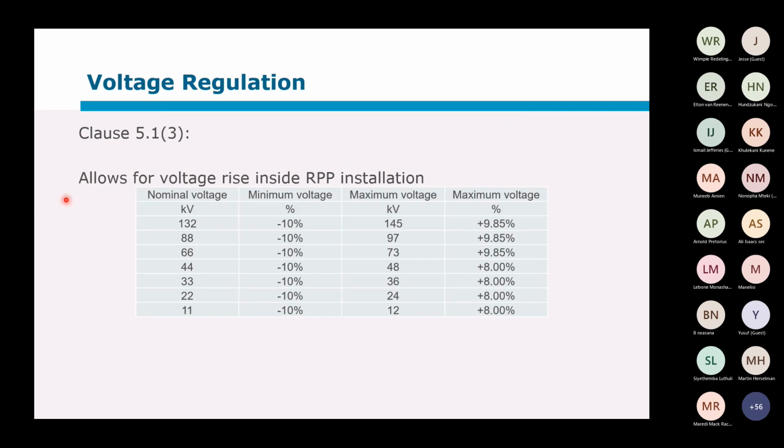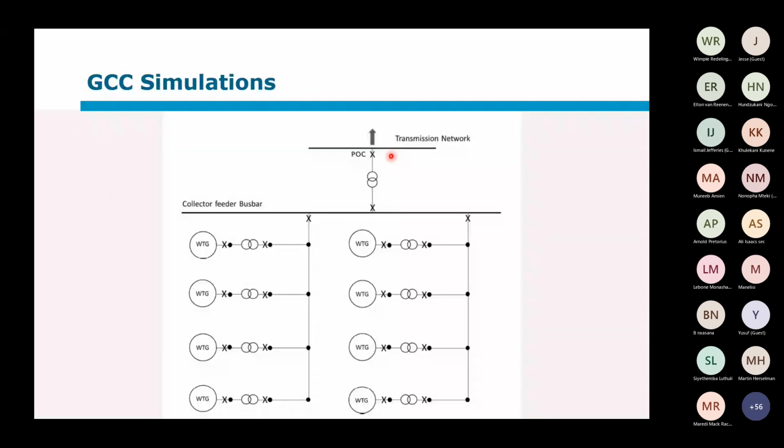It's basically the plant must continue to operate if the voltage at the point of connection is within these ranges. And yesterday we had the 33 kV example. It is actually plus 8%. So that plus 8% would be at this point of the plant.